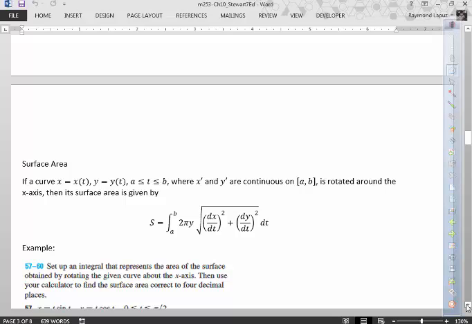Since we just talked about arc length, talking about the surface area might be a nice complement to that. And what they do with that is they look at basically a bunch of cylinders that approximated your values. So this is what this formula is about.